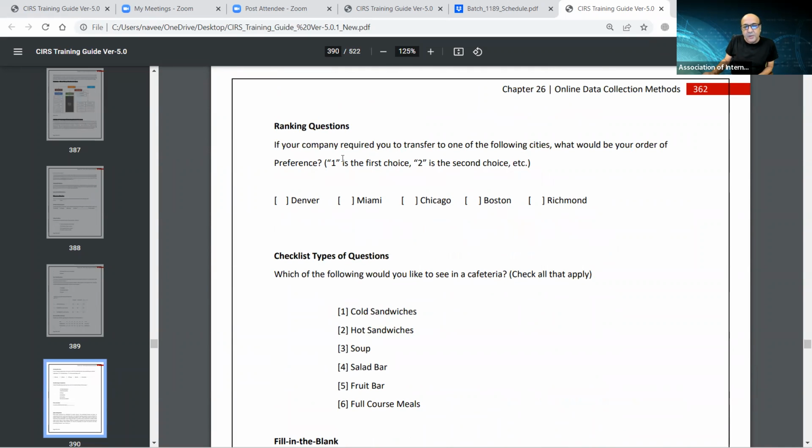Ranking questions: there are situations where you do need to create a certain format of questions that is understood, and that is considered some way of describing in the research world the basis and type of your question.